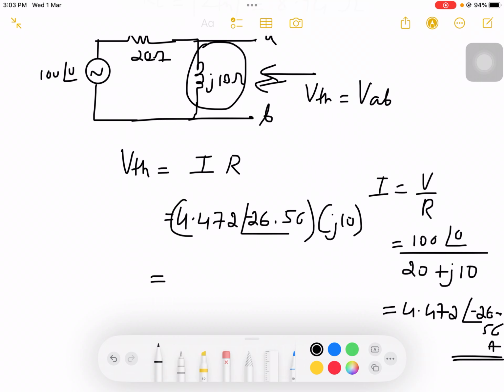So finally, if I simplify, I will get the answer as 44.72 at an angle of 63.43 volts. So this is the voltage we will be obtaining.